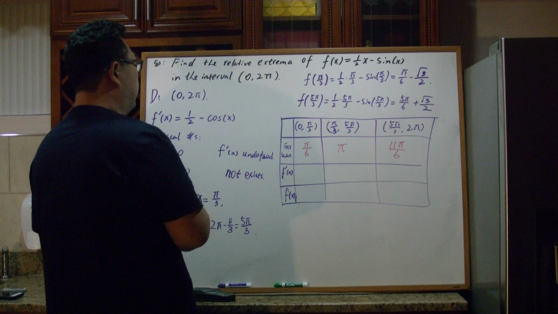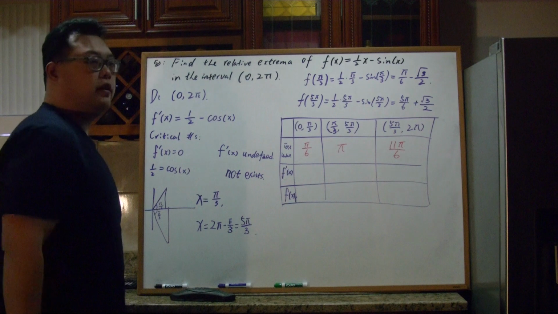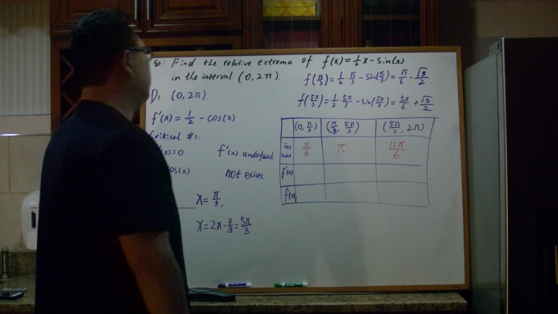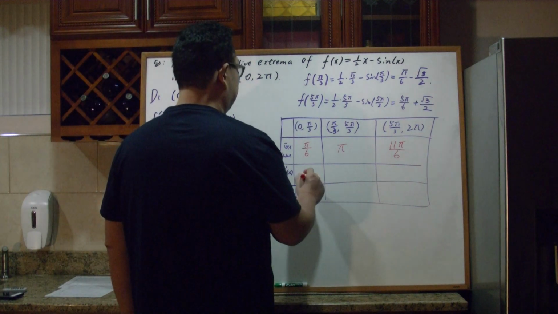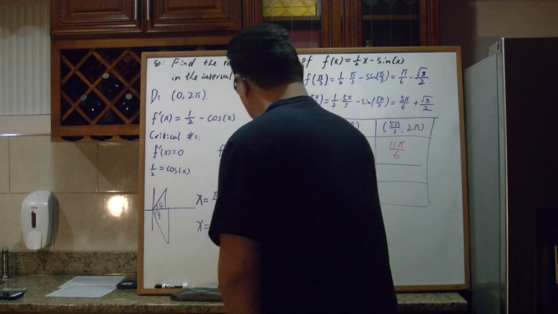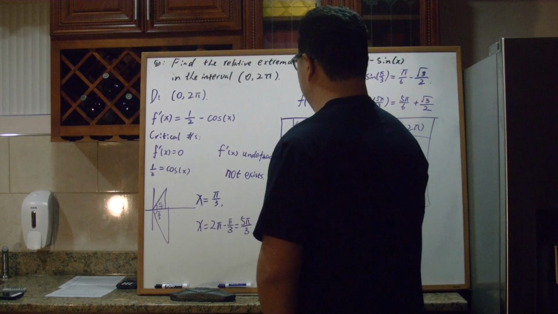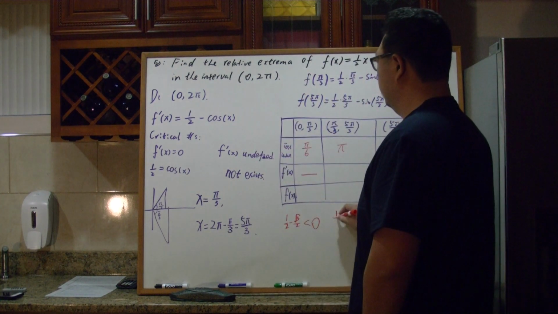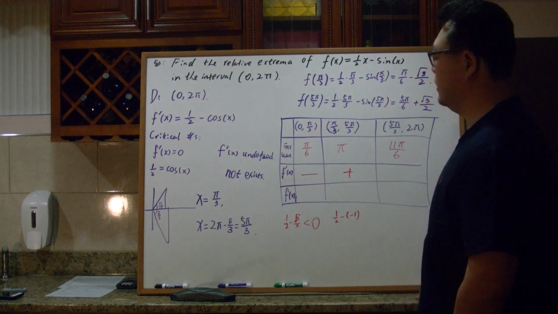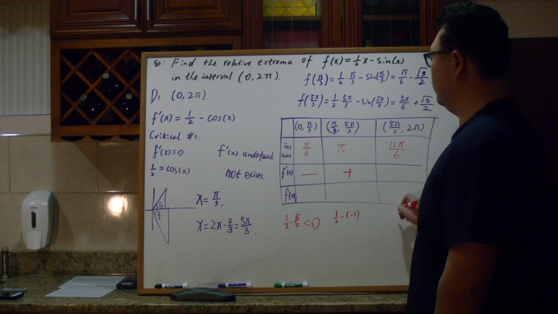Then for f prime at pi over 6, the cosine value is radical 3 over 2. With a calculator that is about 0.8 something, and 1/2 is 0.5, so we get a negative value. You could just show the steps: 1/2 minus radical 3 over 2, we know that is negative. For pi, the cosine of pi is negative 1, so f prime is positive. And for 11 pi over 6, the cosine value goes back to radical 3 over 2.